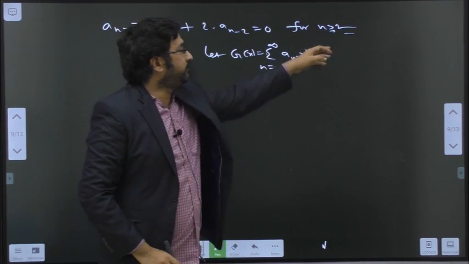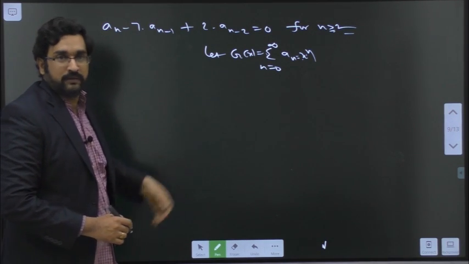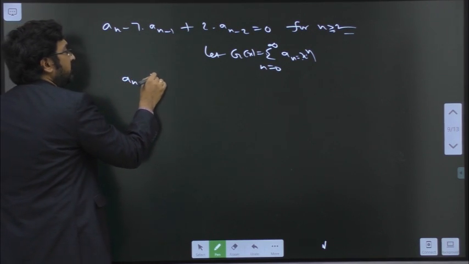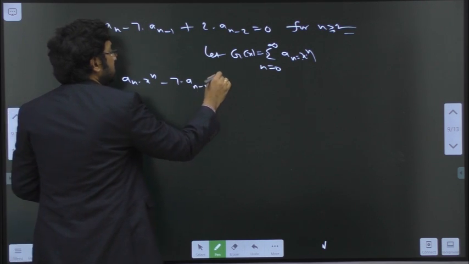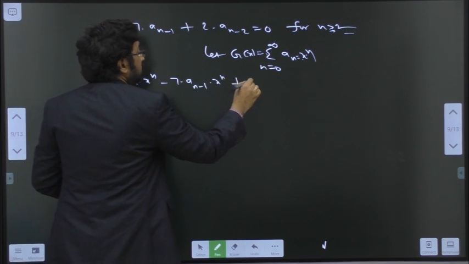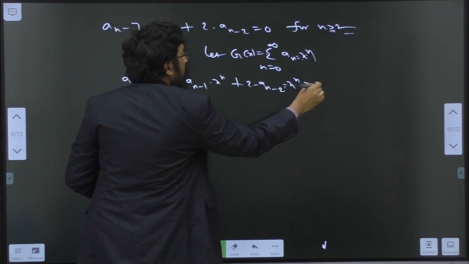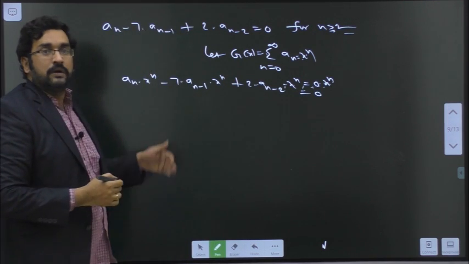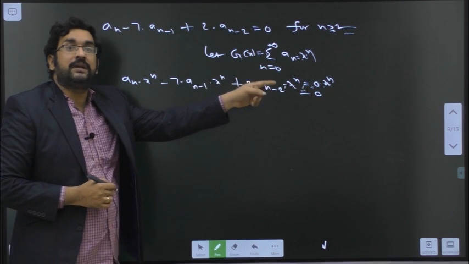Here, first what we have to do is multiply both sides with x power n. So the given equation becomes an into x power n minus 7 into an minus 1 into x power n plus 2 into an minus 2 into x power n equal 0 into anything is 0. Now take summation on both sides. Here the limit is given that n greater than or equal to 2.